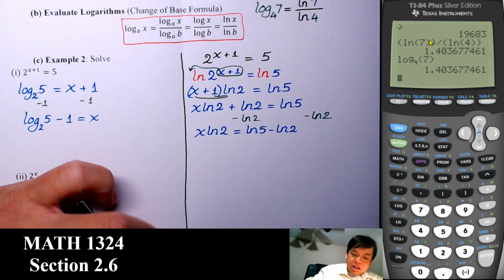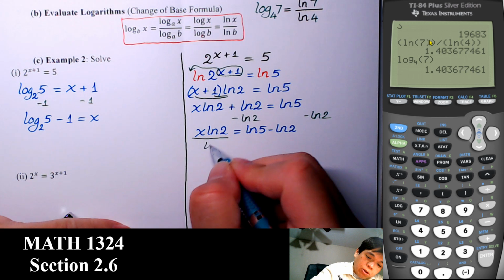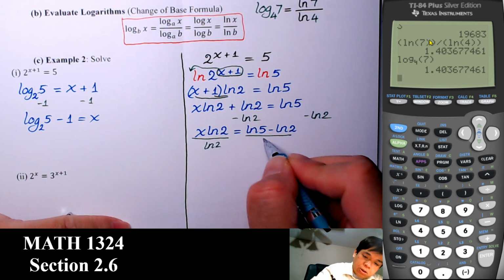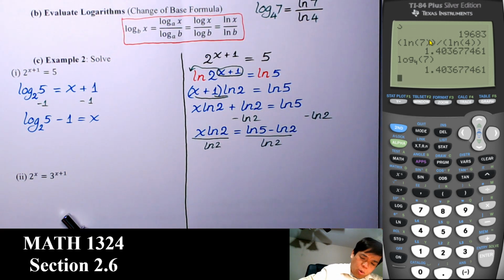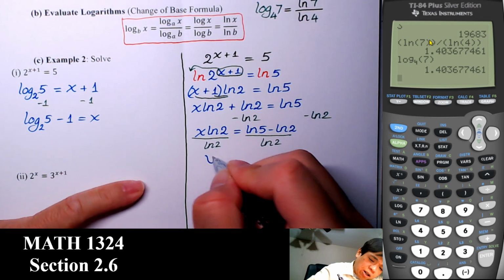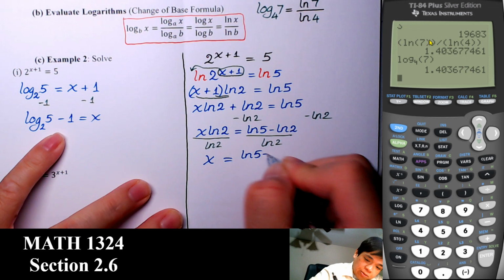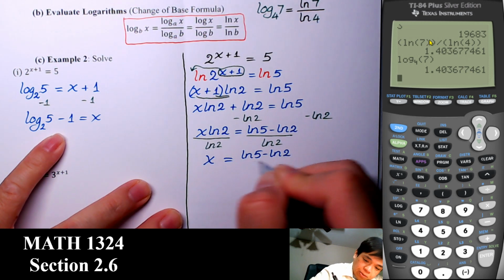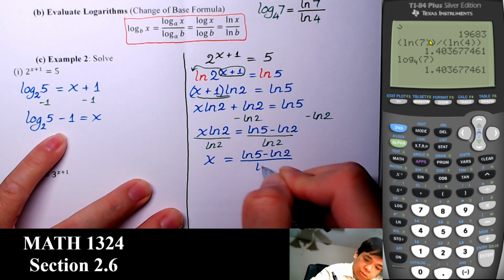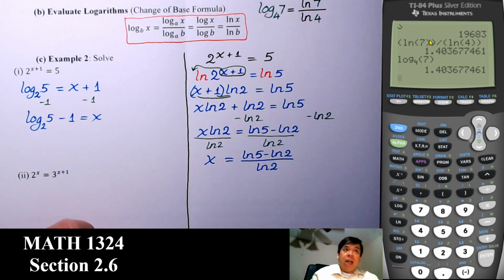And to get x by itself, we divide by ln of 2. Let's say, wait a minute, what? This sounds like a lot more work than that. And of course I agree. And the answer is not as nice as this, but they are the same.